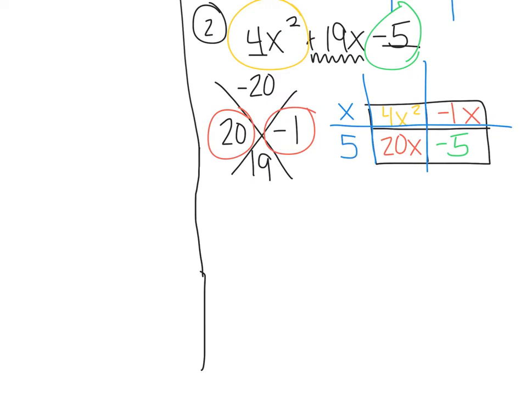Now my first column, the GCF should be 4x. Ooh, that 4 came out funky. 4x. And then over here, I'm going to look at my first term. My first term is negative, so I know I'm going to need a negative GCF. So it'll be negative 1.